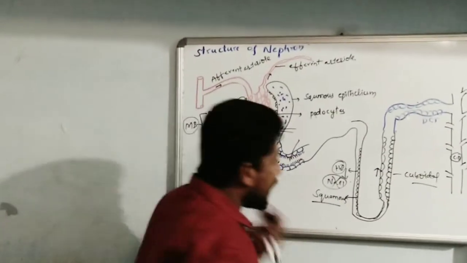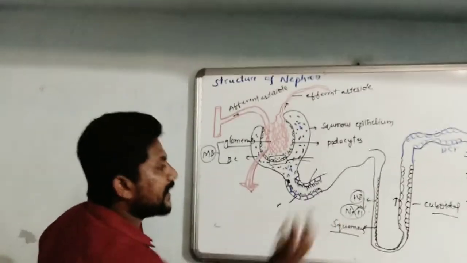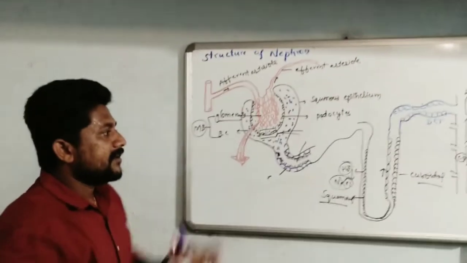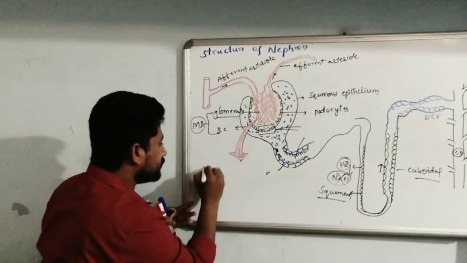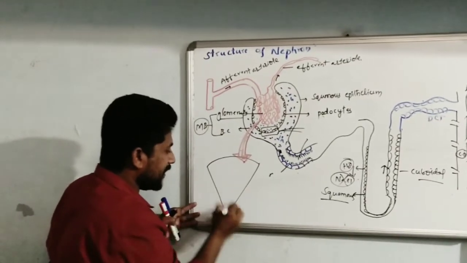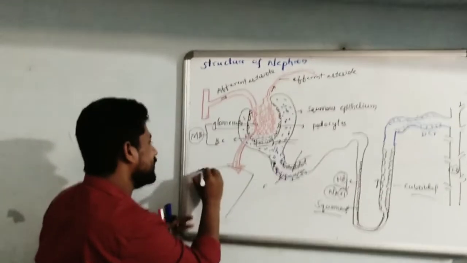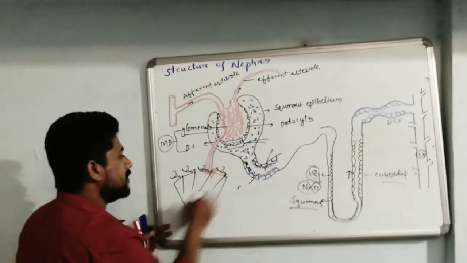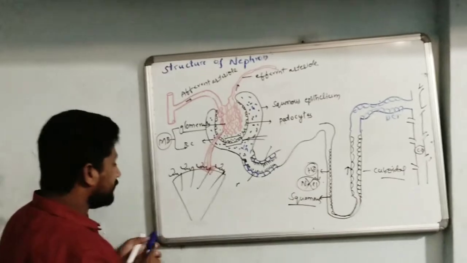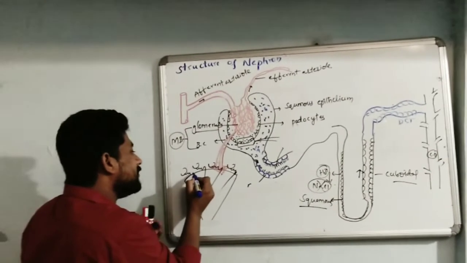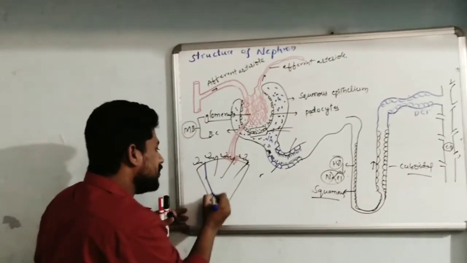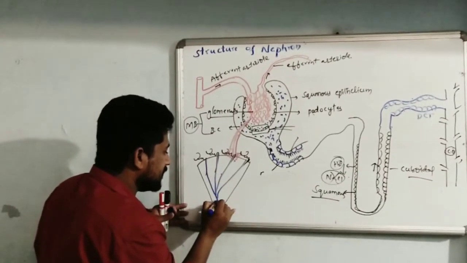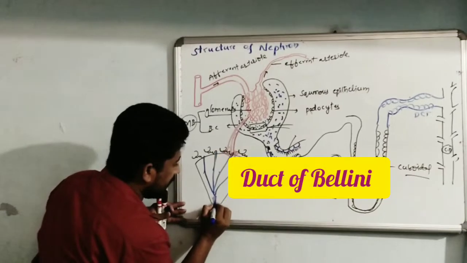All the collecting ducts in each renal pyramid, these are all the nephrons, together form a common duct.